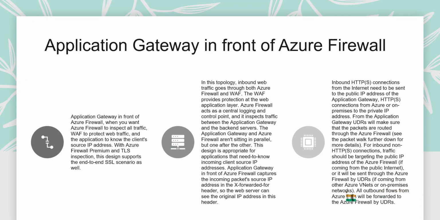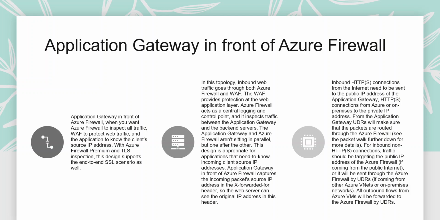So if it is coming from other Azure VNets or on-premise network, all the outbound flows from the Azure VMs will be forwarded to the Azure firewall and not to the application gateway. So wherever the traffic is non-HTTPS or it is outbound flow from other networks, it will be passing through the Azure firewall.